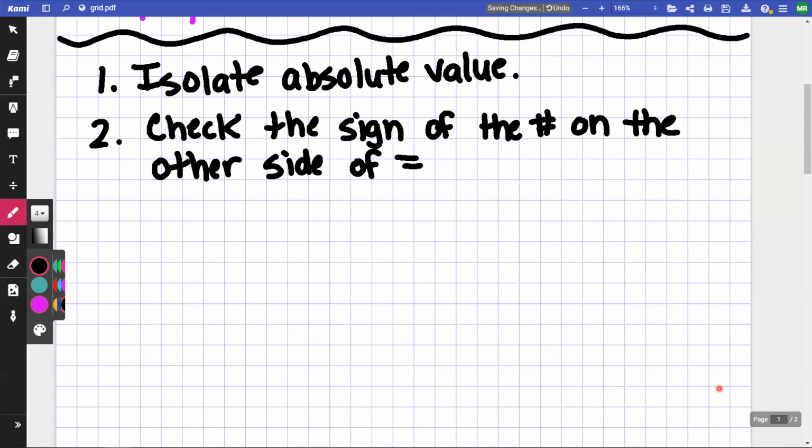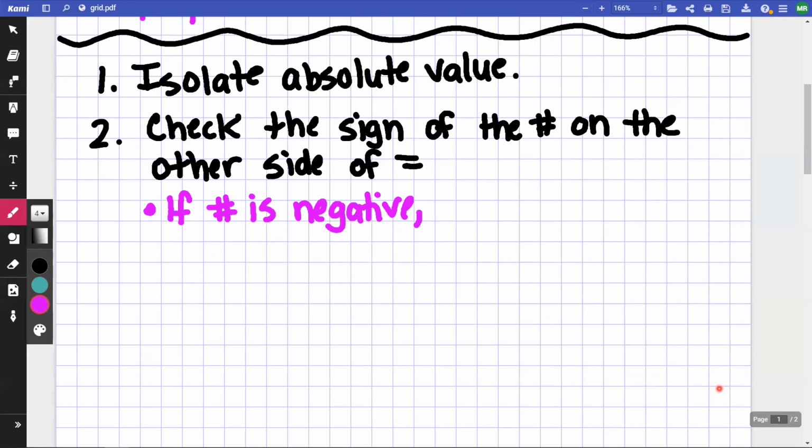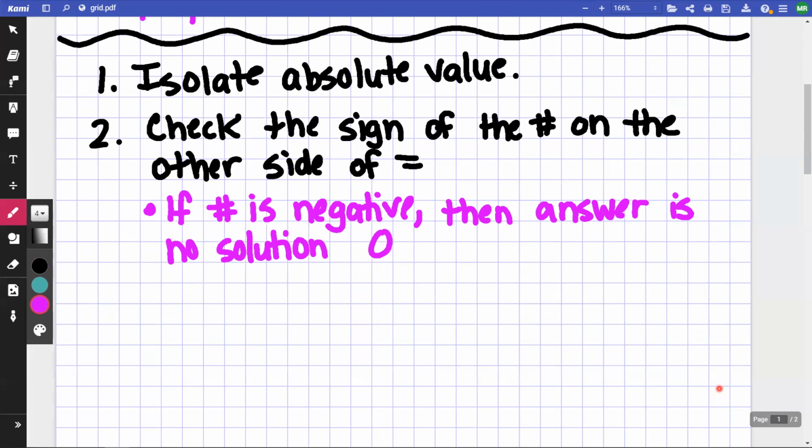And when you're checking it, if the number is negative, your answer is going to be no solution. Don't leave it blank, write out either no solution or 0 with a slash through it, okay?